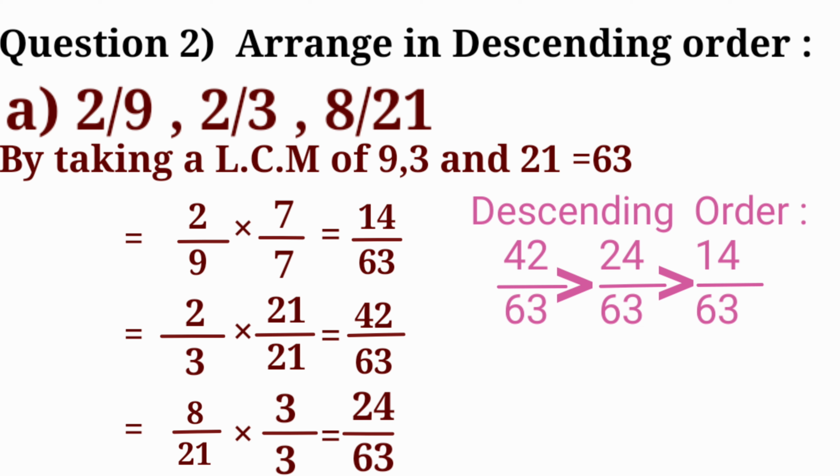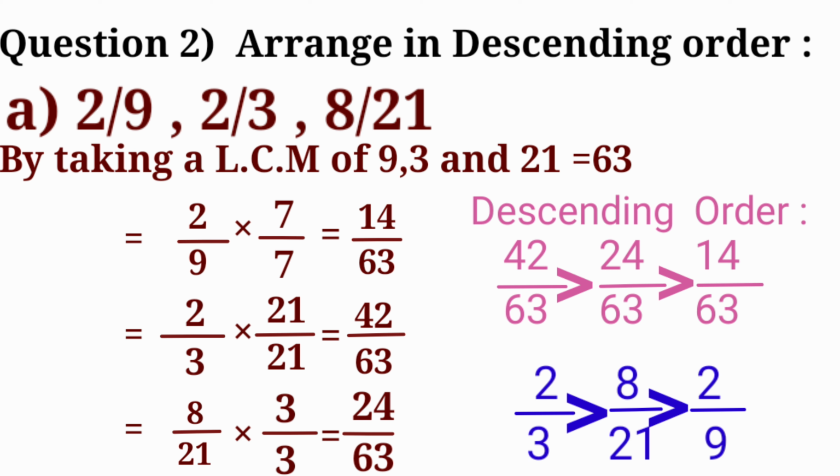So the biggest number is 42 upon 63, which is greater than 24 upon 63, which is greater than 14 upon 63. So we can also write 2 by 3, which is greater than 8 by 21, which is greater than 2 by 9, because the question we have is in this manner only. So students, this is all about descending order. I hope you understood how to arrange the numbers in descending order.